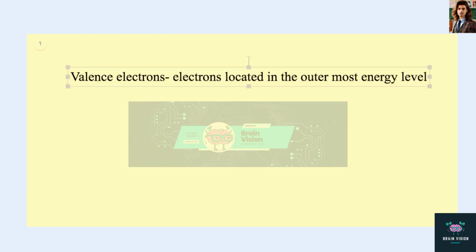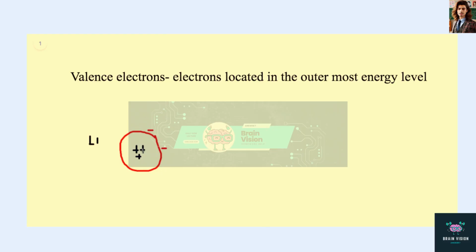If we think of an atom of lithium, we know that lithium will have 3 protons in its nucleus. The very first energy level of lithium is going to have 2 electrons.